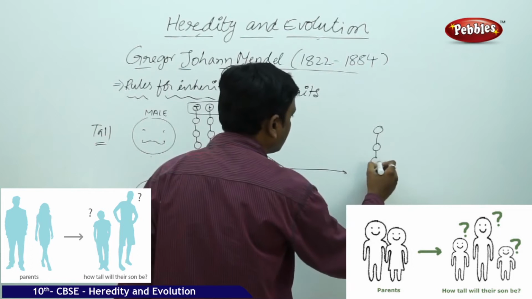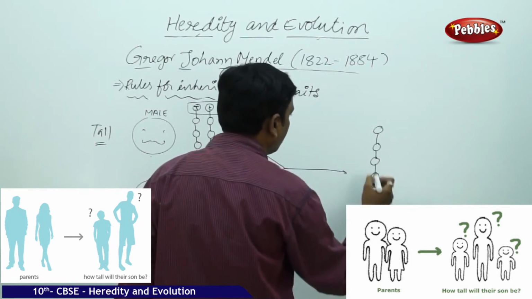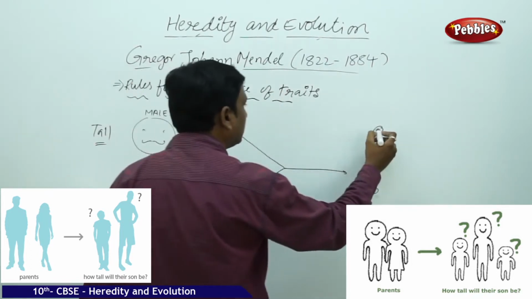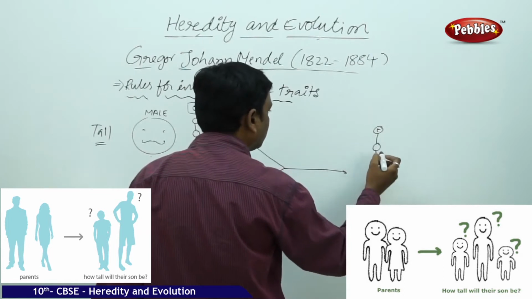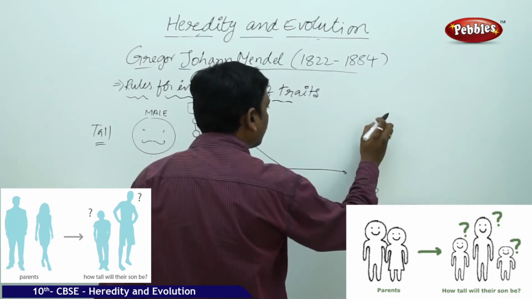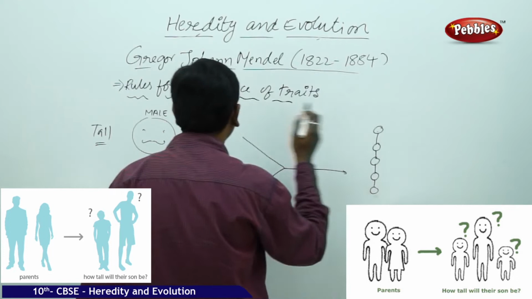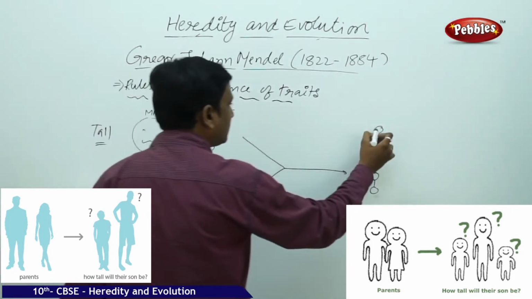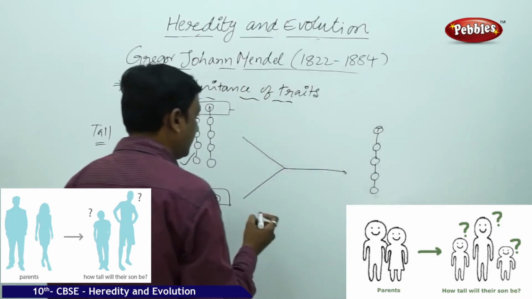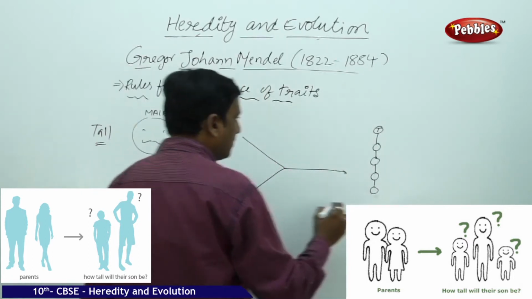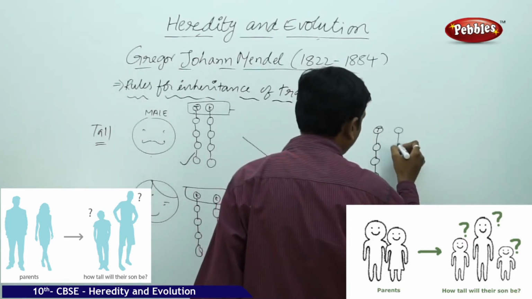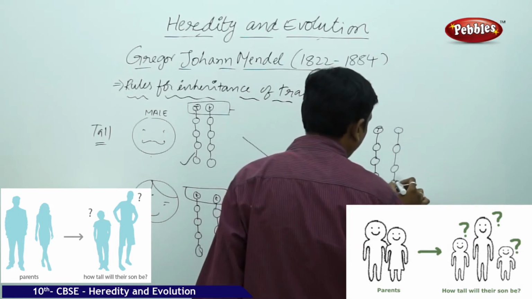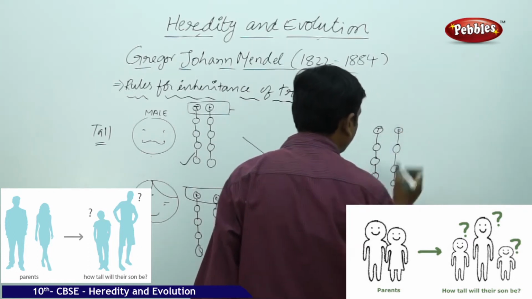Father contributed this set of genes, which is big T, and mother contributed this set of genes. In both cases, she has small t.